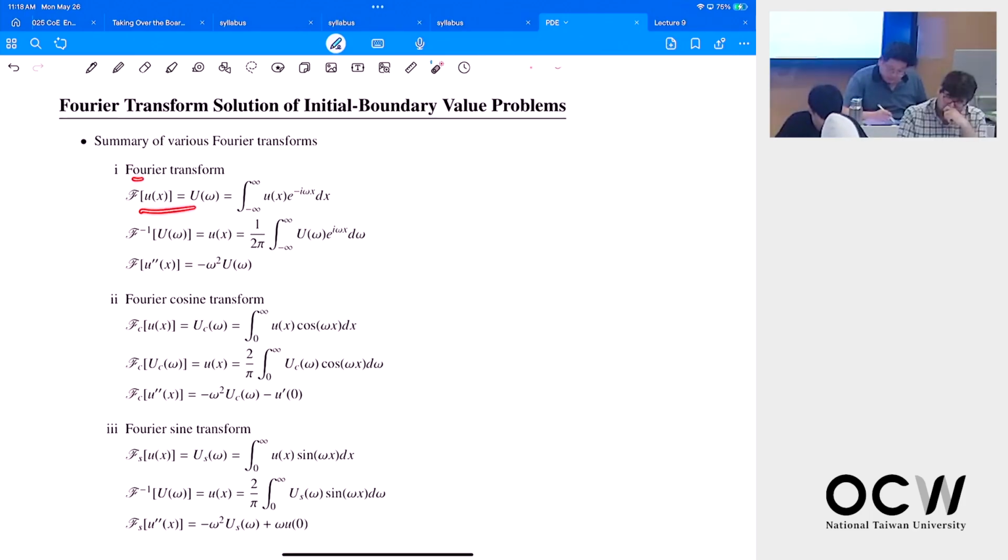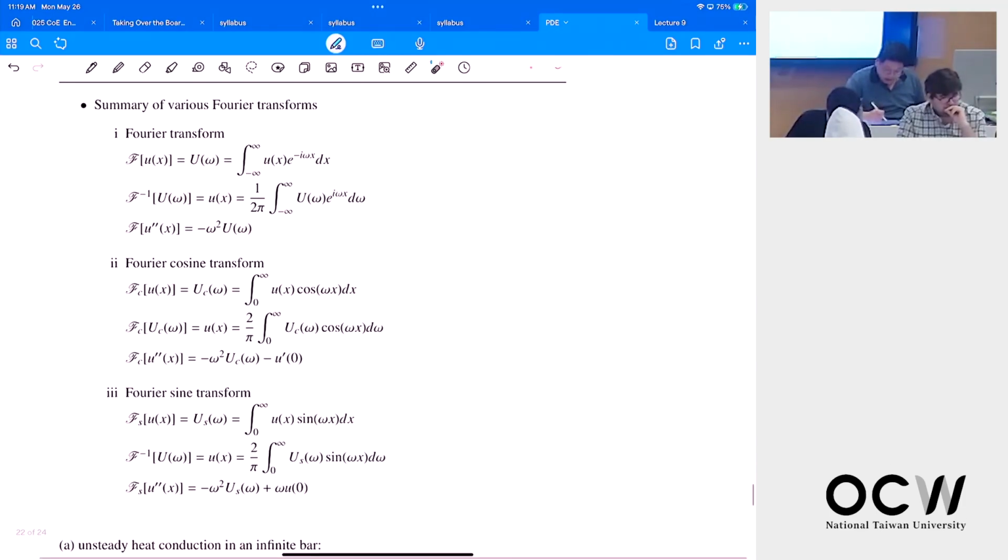The Fourier transform and then the inverse Fourier transform. And if I take the second derivative, well, here the initial condition is 0, so that's why we have minus omega squared times the Fourier transform. And we have the Fourier cosine transform and Fourier sine transform.